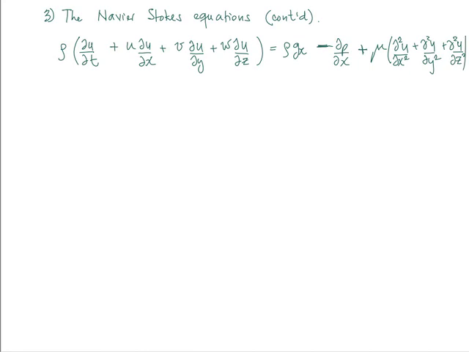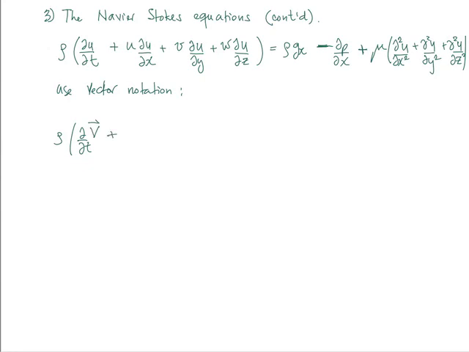Similarly, we could write the two other equations, the y direction and the z direction, but that would be a little long and cumbersome. So instead, we're going to use vector notation. On the left-hand side we have rho, and the unsteady term involves du dt, dv dt, and dw dt, so that's d dt of the whole velocity vector.